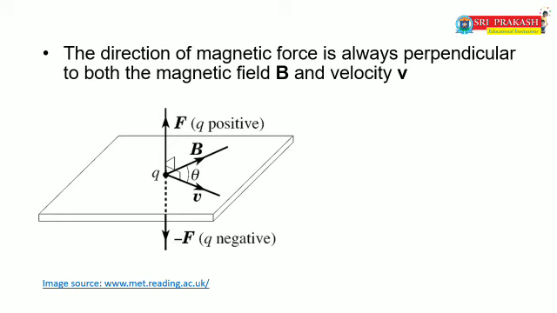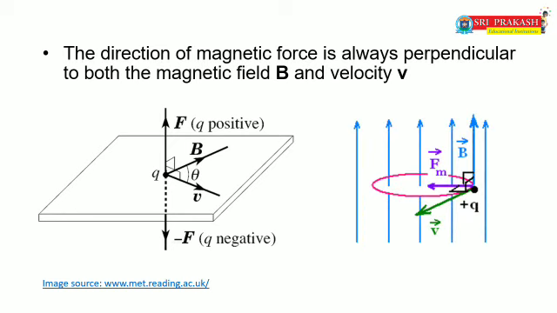The same thing we can analyze with another diagram also. For example, the magnetic field is upward, and a charged particle at a particular moment has this direction. Now you can analyze in the same way with the right hand grip.